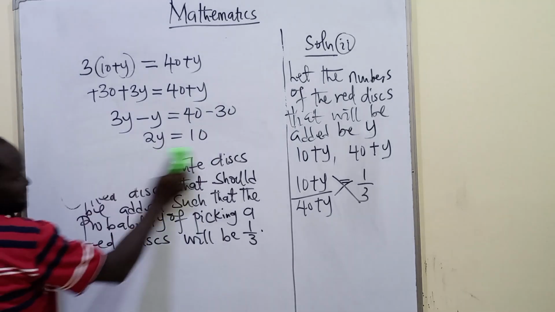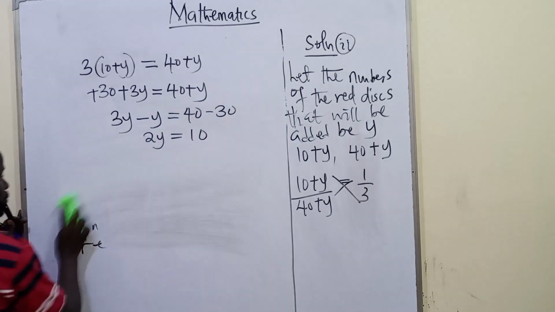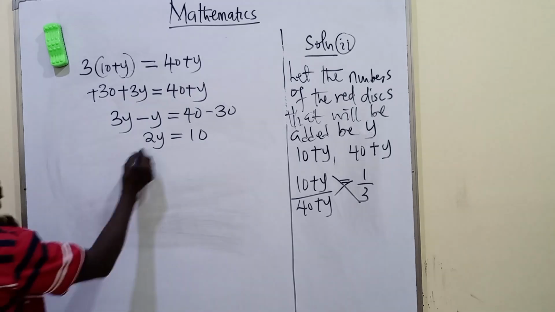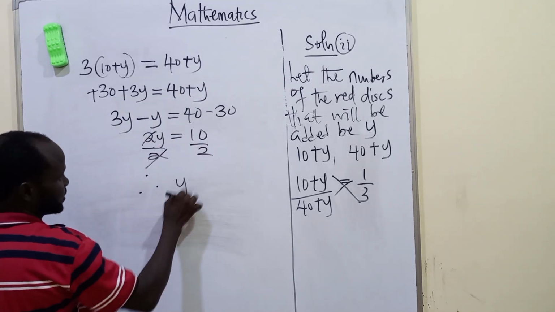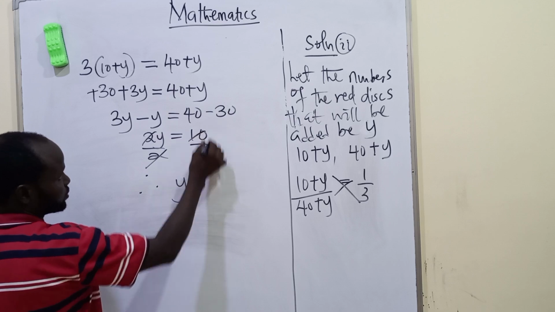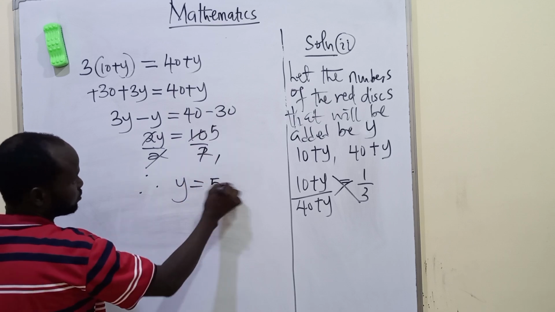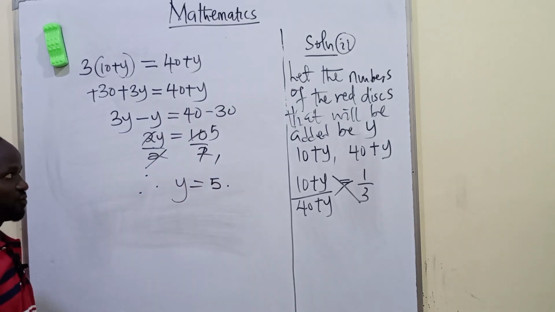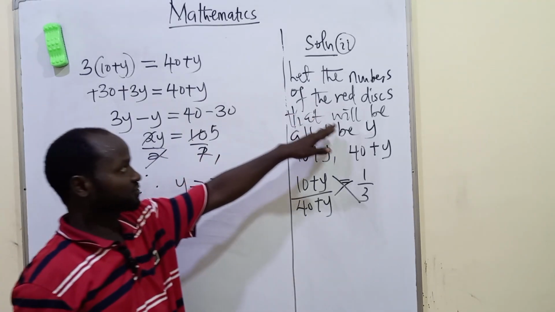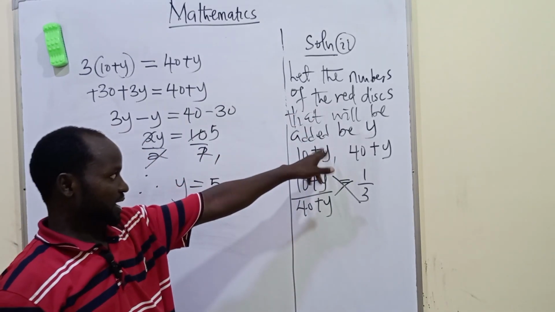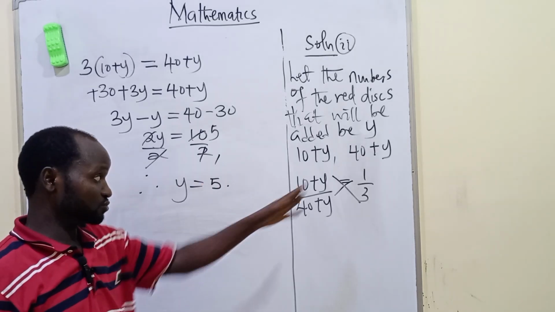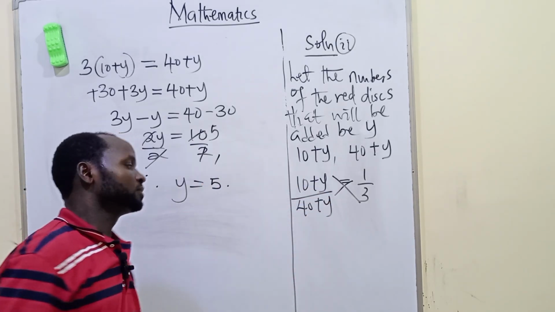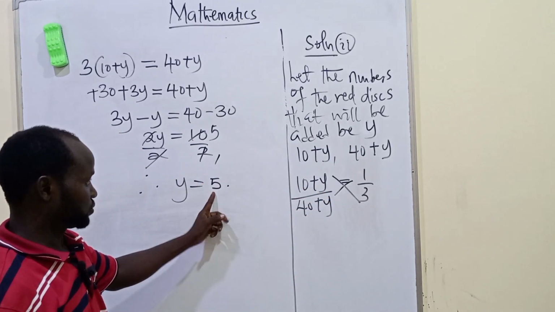To find the value of y, we divide both sides by 2. Therefore, y equals 10 divided by 2, which is 5. Therefore, we can conclude that the number of red discs that will be added for the probability to be 1 over 3 is 5.